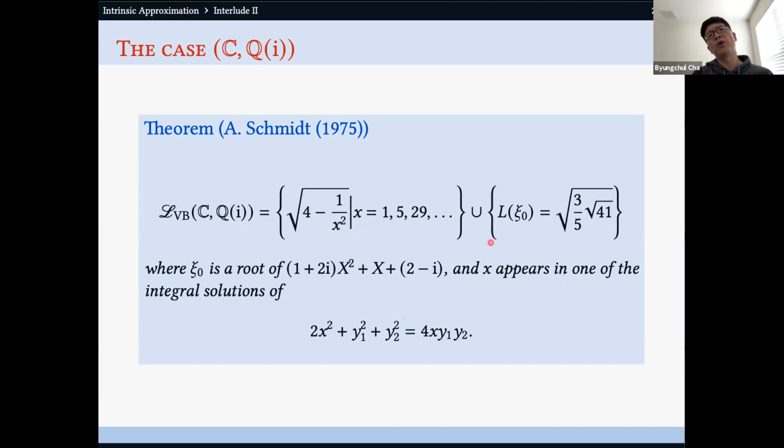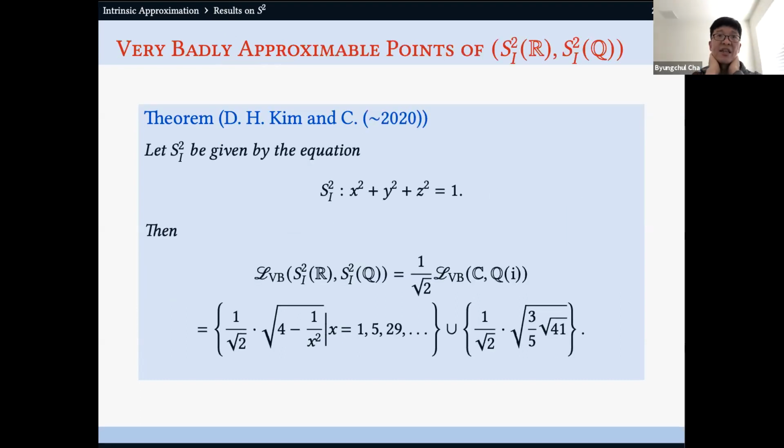Now, what we're able to do is use these results of Schmidt and connect them with the very badly approximable, or in general Lagrange, spectrum of S2, given by the equation x squared plus y squared plus z squared equals 1.